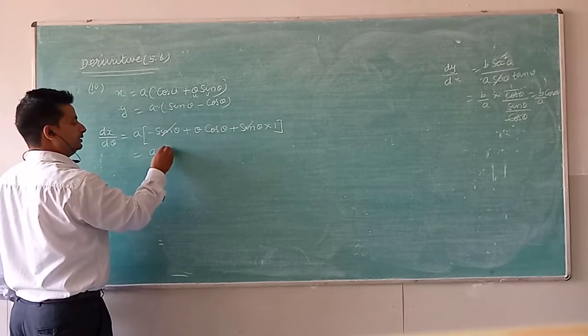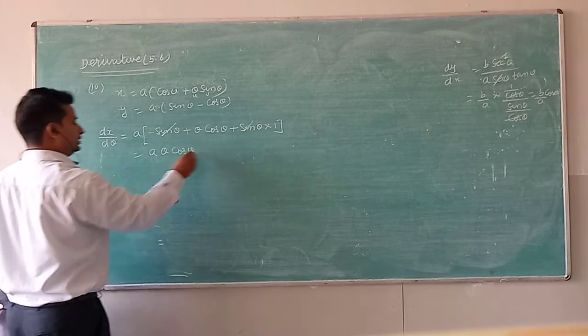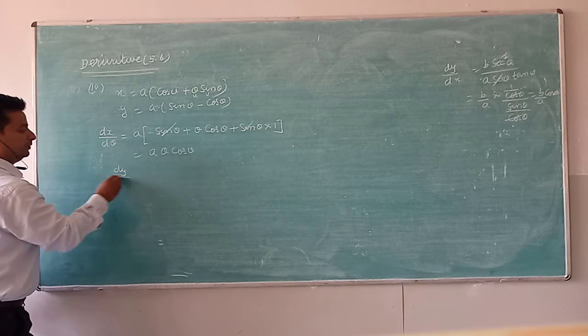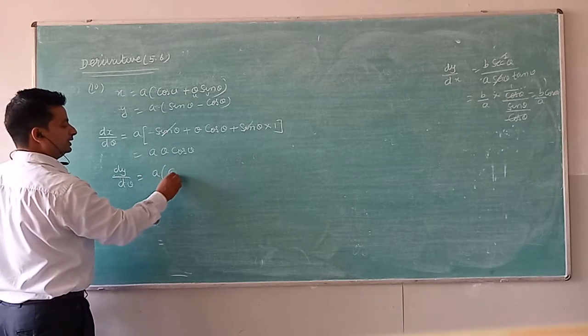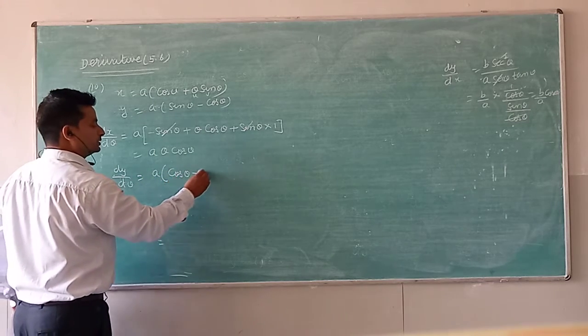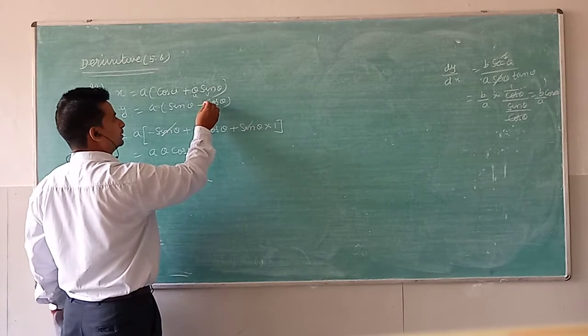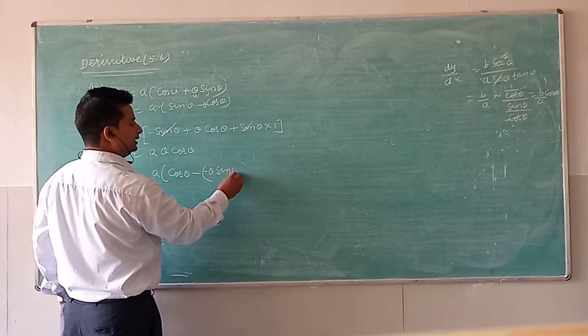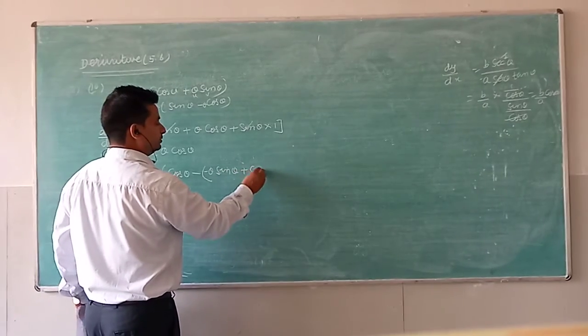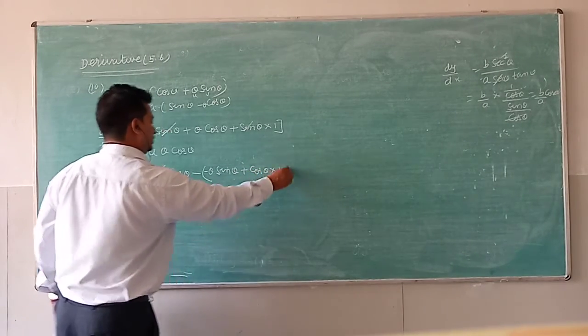This is a theta cos theta. And for the derivative of y, the differentiation of sin is cos. Here we use the product rule. Theta cos theta, the derivative is minus sin, and theta is 1.